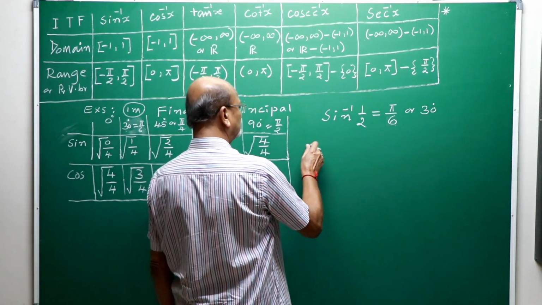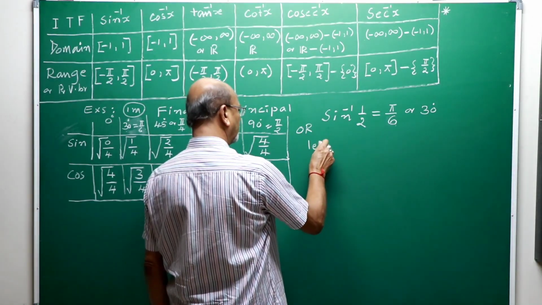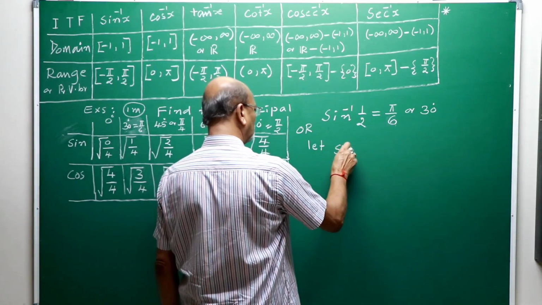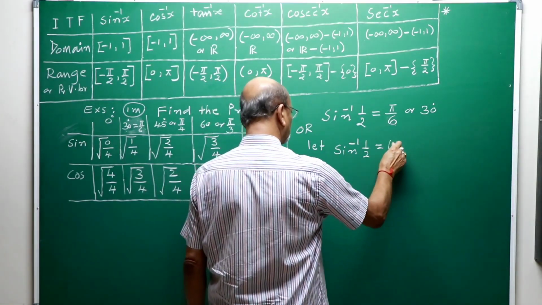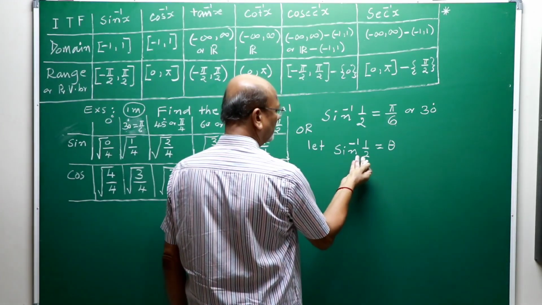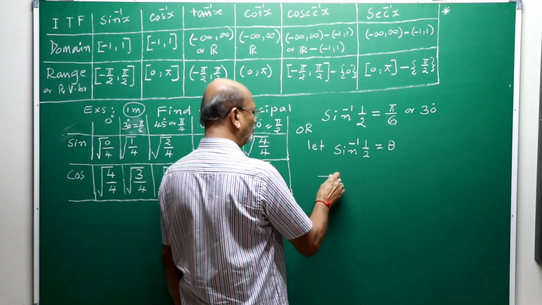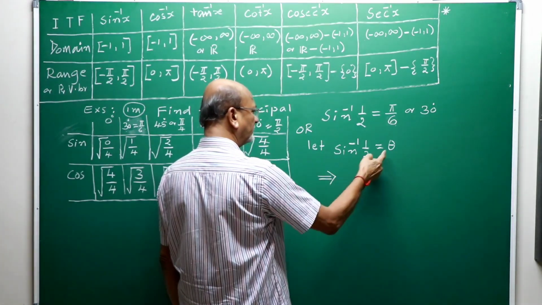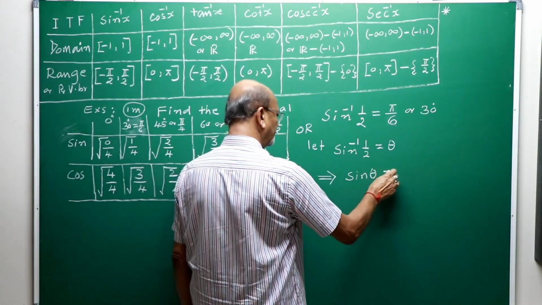My friend, take this equal to theta, or let sin inverse 1 by 2 equal to theta. My friend, it is a number between -1 and +1. You are free to use the definition. By definition, sine of theta is half.